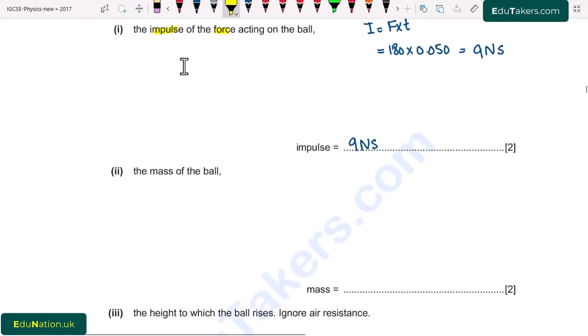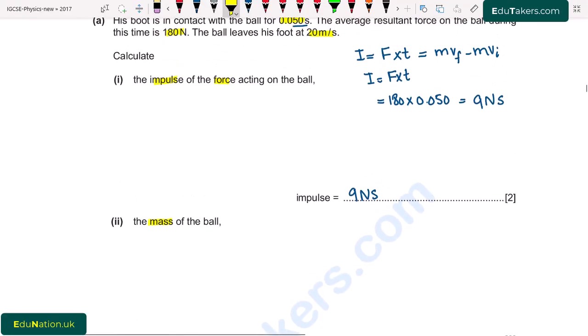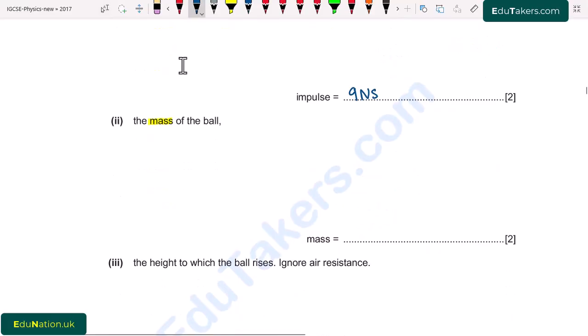Next part 2. The mass of the ball. Here we have to find out the mass of the ball. So going back, I again use this formula that impulse is equal to change in momentum. I write here I is equal to mvf minus mvi. So here we have to find out the value of mass. So I separate the mass. It will be like this.